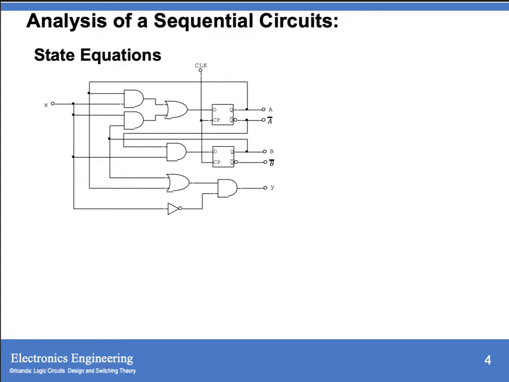So for the first latch, we have an equation DA, with A as a subscript to indicate that this is the first latch.